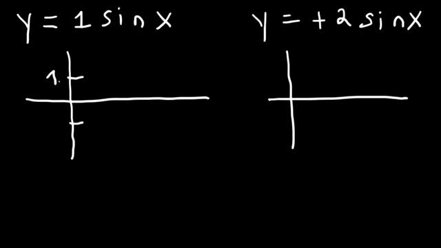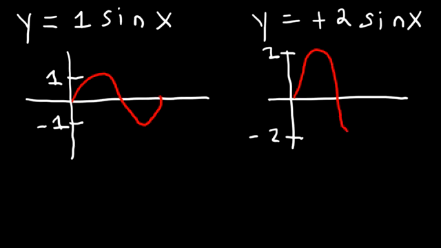So it's going to vary between 1 and negative 1. Now, the second one, the amplitude is doubled. It has an amplitude of 2. Whatever number you see in front of sine, that is the amplitude. So it's going to alternate between 2 and negative 2. Now both graphs have the same period. It's just one is twice as large as the other. So that's the only difference.